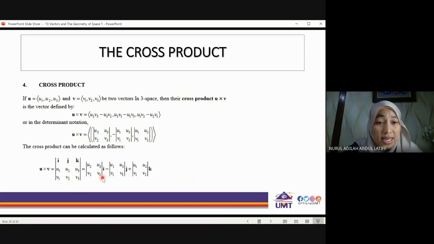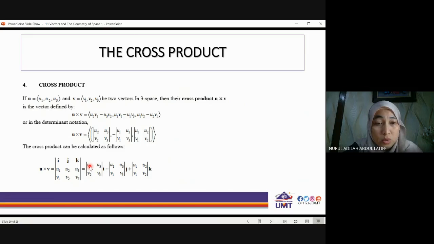So how to find i? Close the i, so u2, u3, v2, v3. j, close j, u1, u3, v1, v3. k, close k, u1, u2, v1, v2.